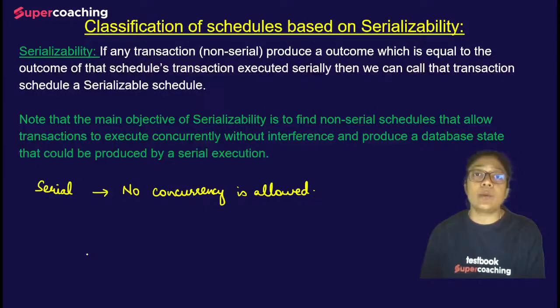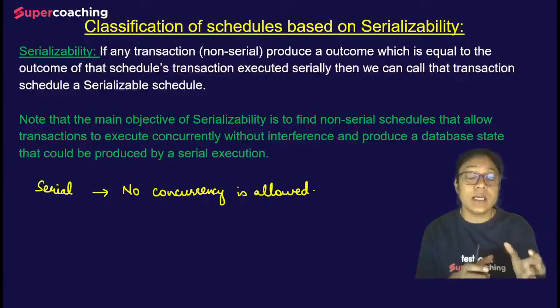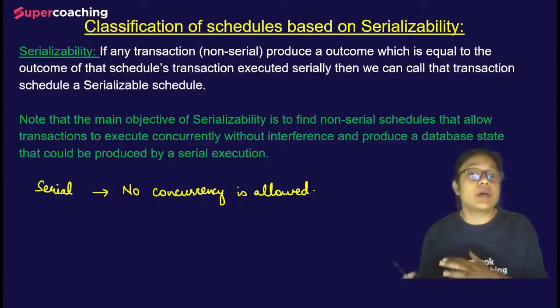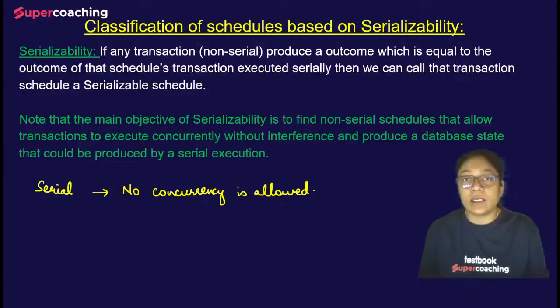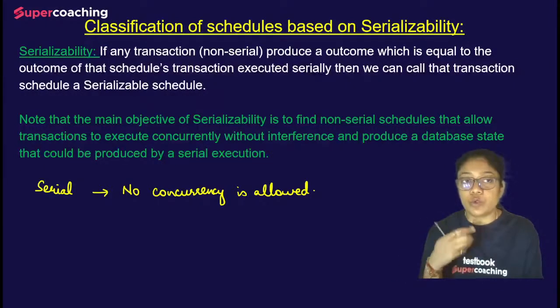So that's why we had discussed the concept of concurrent schedule. But there was a problem with the concurrent schedule. Sometimes one schedule is interfering with the execution of the other schedule, so we may not get the consistent database. So since we wanted the combination of both, that results into serializability.